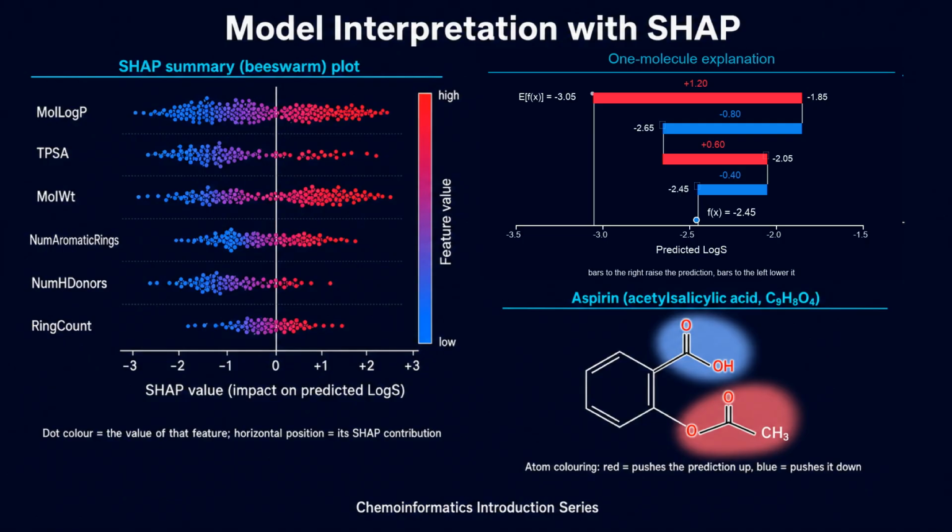Positive SHAP values push the prediction higher, negative values push it lower. For molecules, we can even color atoms by their contribution to the prediction. This reveals which structural features drive activity or property values, providing chemical insight that can guide molecular design.